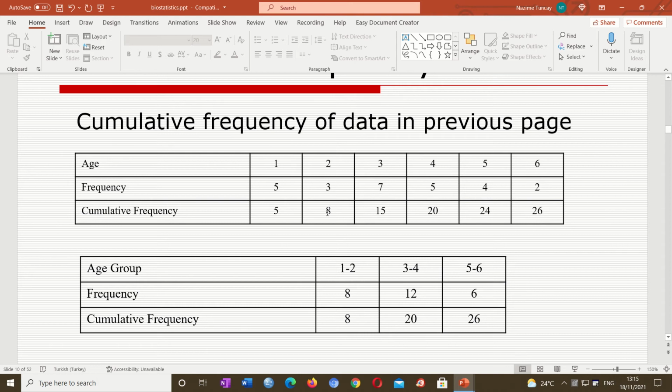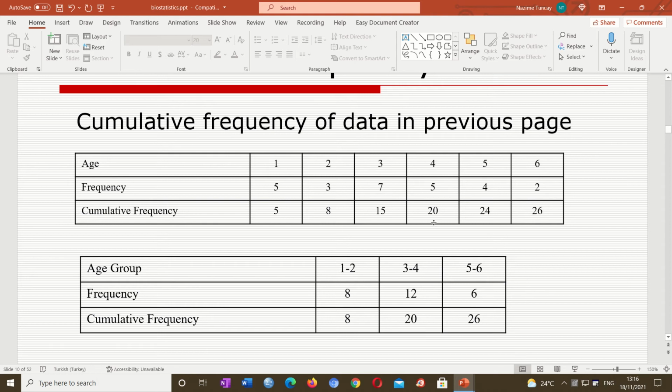So this means 8 until here. Until age 2, I have 8 kids. Until age 3, I have 8 plus 7, I have 15 kids, okay? Until age 4, this is 20.